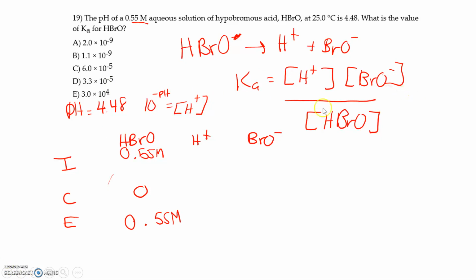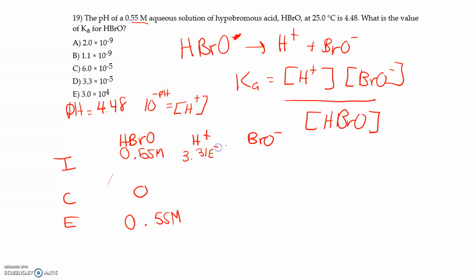Okay, so when I put that into my calculator, I found that 10 to the negative 4.48 was 3.31. So the concentration of protons basically is 3.31 times 10 to the negative 5.